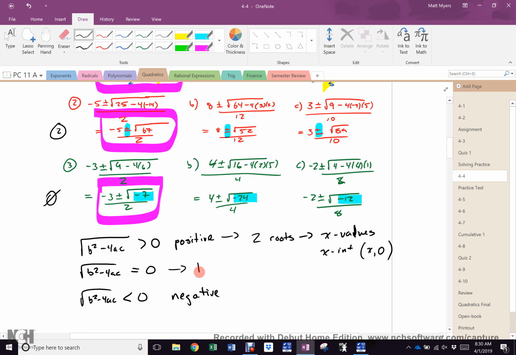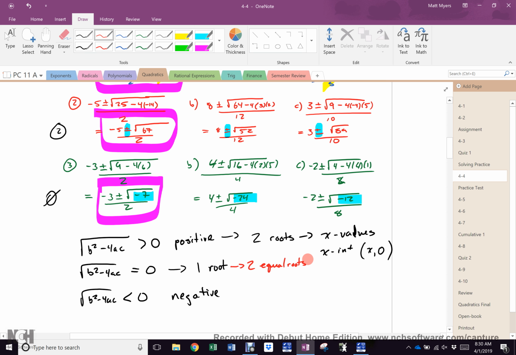There's only 1 root. But this is where it gets weird. It's still plus or minus, isn't it? So technically, even though there's only 1 visible root, what we really have are 2 equal roots. Does everybody understand what I'm saying?